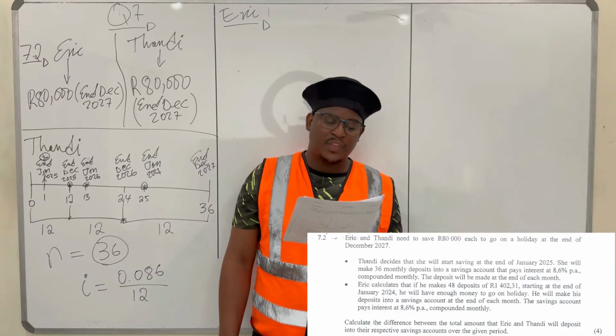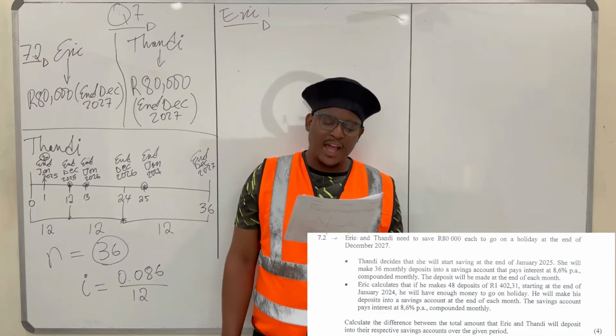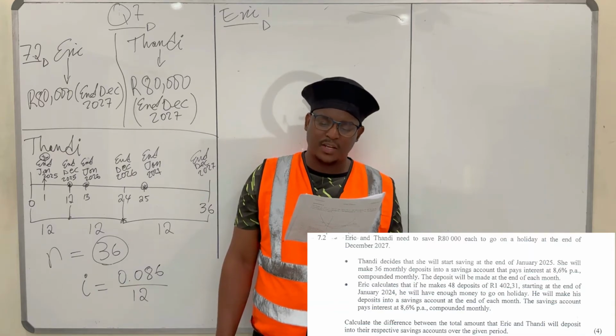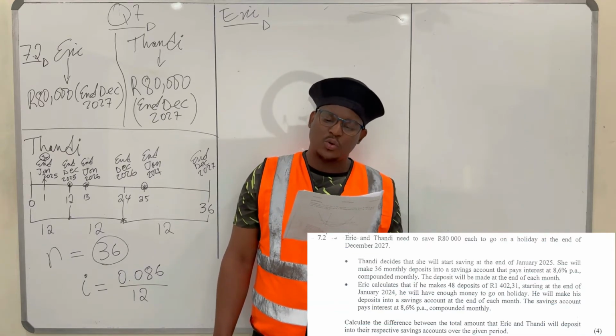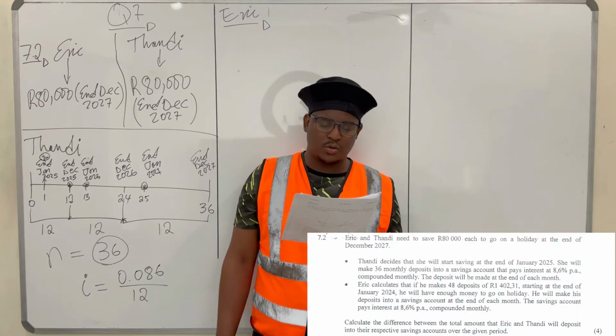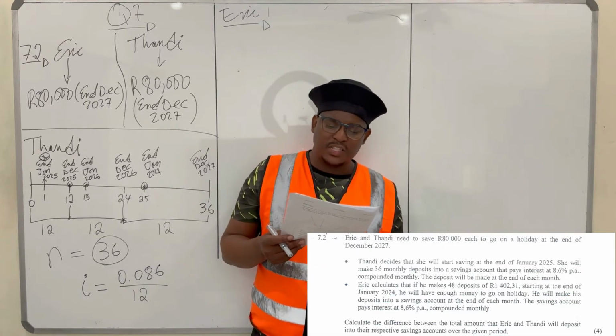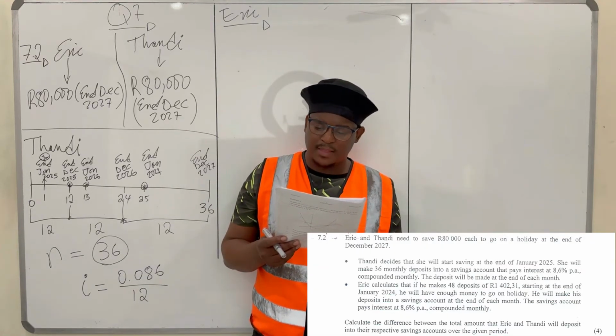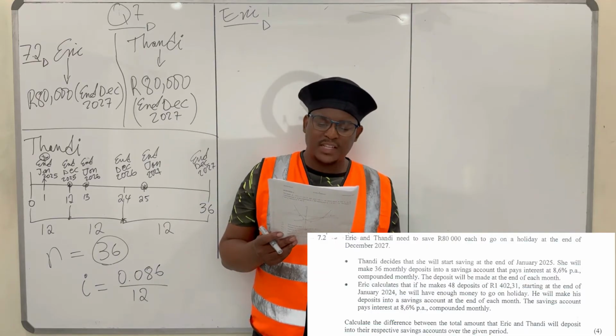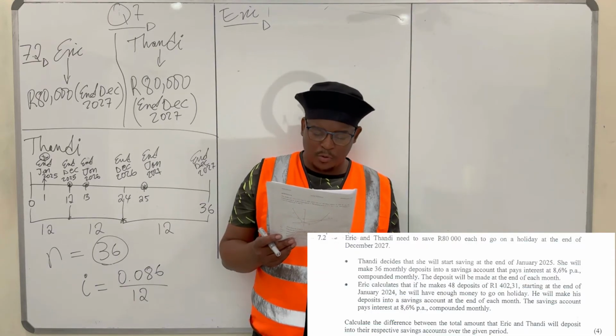No problem. Let me read this again. They're saying Eric calculates that if he makes 48 deposits of 1,402.31 starting at the end of January 2024, he will have enough money to go on a holiday. He will make his deposit into a savings account at the end of each month. The savings account pays interest of 8.6% per annum compounded monthly.